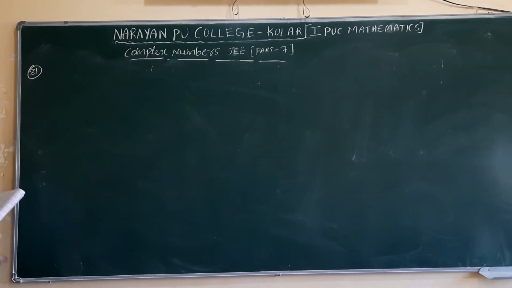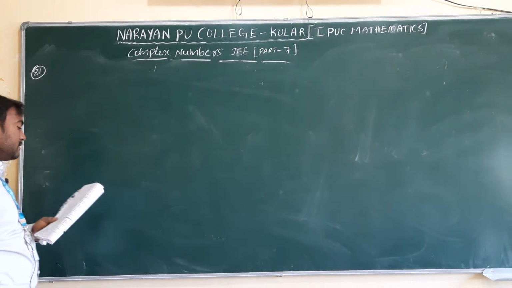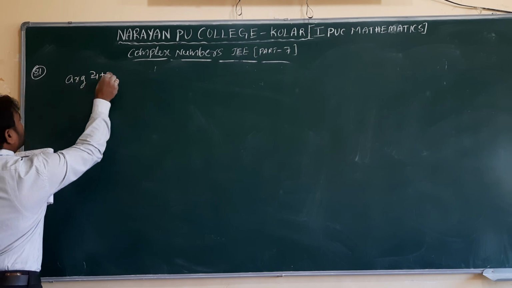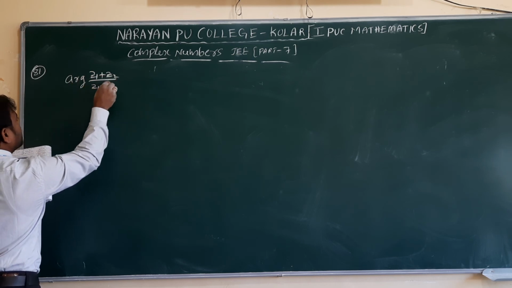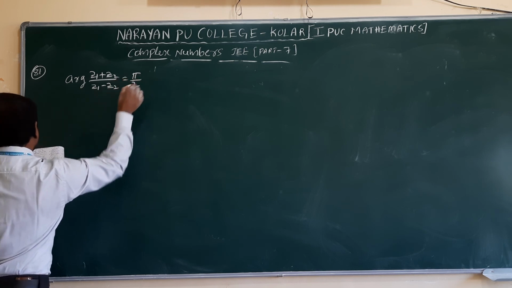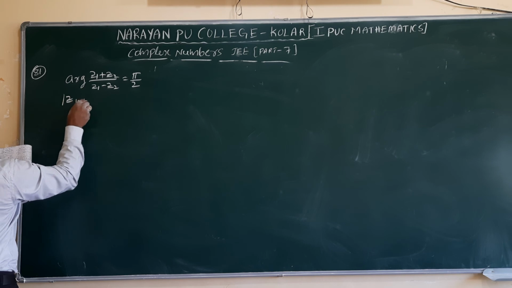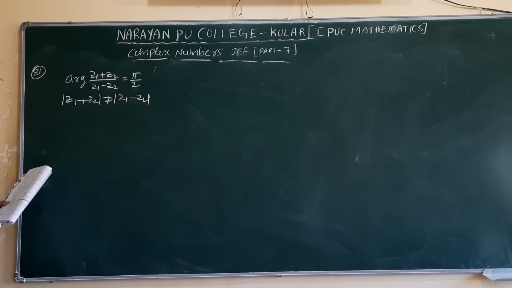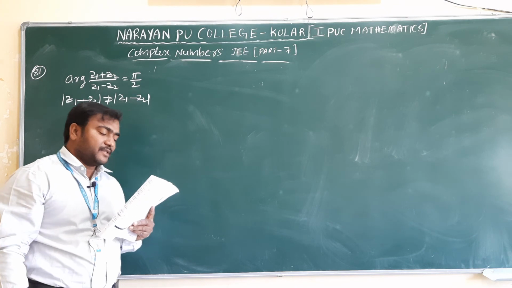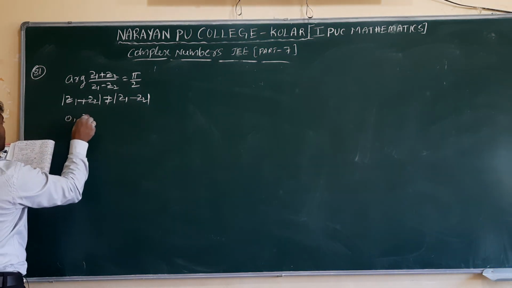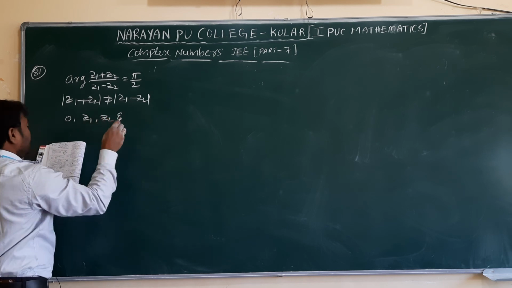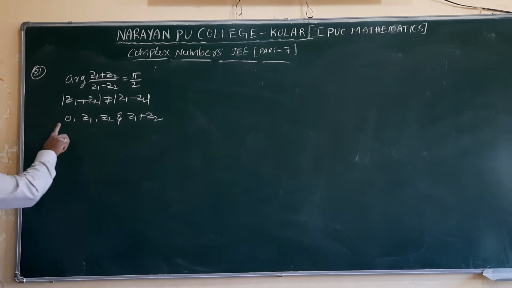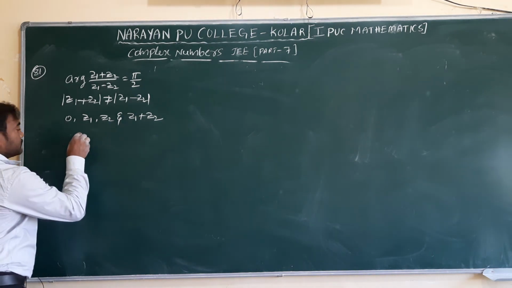Question number 81. If z1 and z2 are two complex numbers and if argument of z1 plus z2 by z1 minus z2 is equal to pi by 2, but modulus of z1 plus z2 is not equal to modulus of z1 minus z2, then the figure formed by the points represented by 0, z1, z2 and z1 plus z2 is a rectangle?